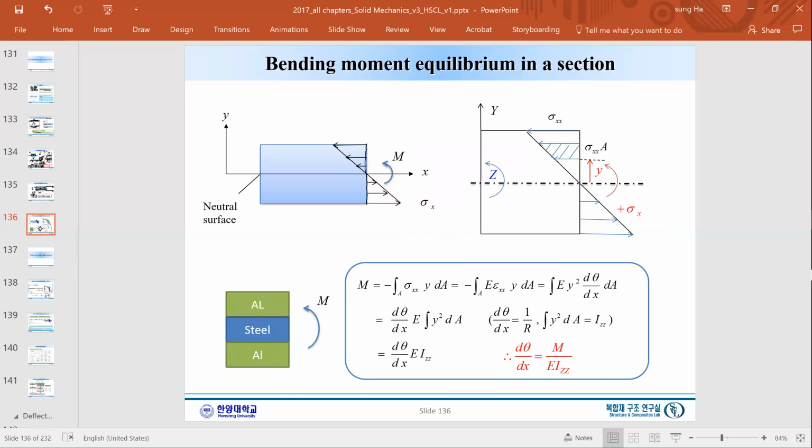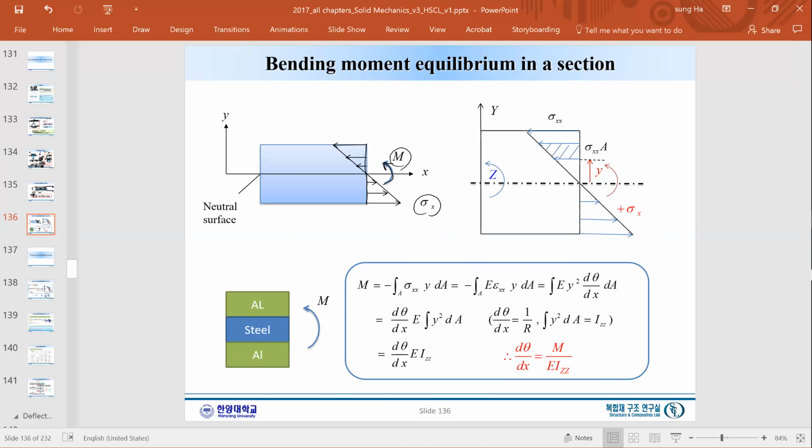So this stress sigma x will be linear like that, and this cross section is actually subject to a bending moment m. So we want to relate this moment m and this sigma x.